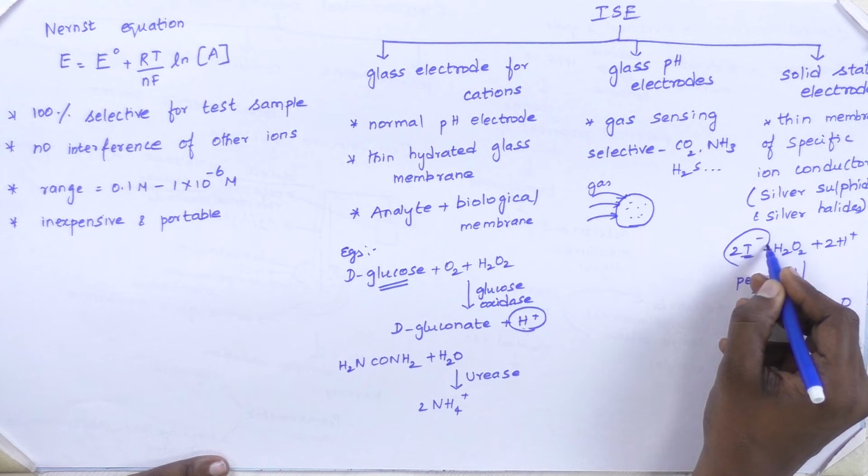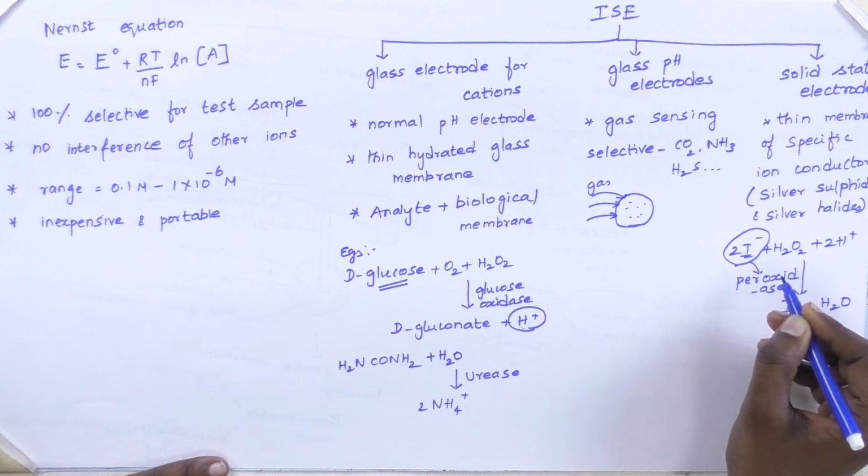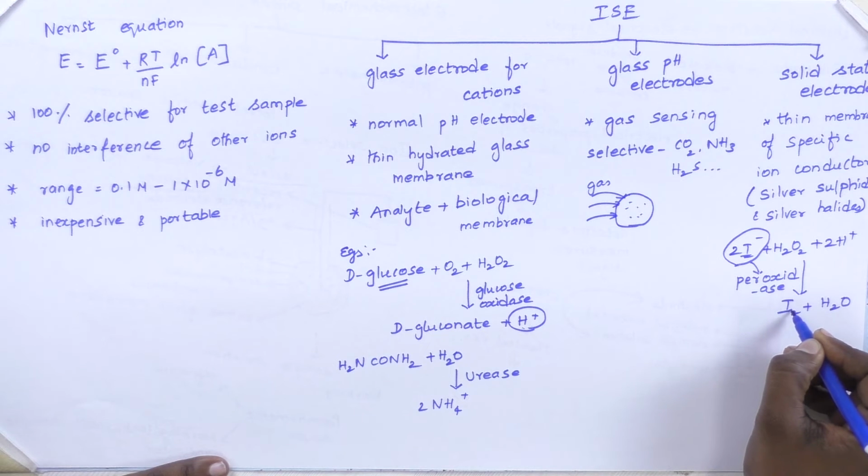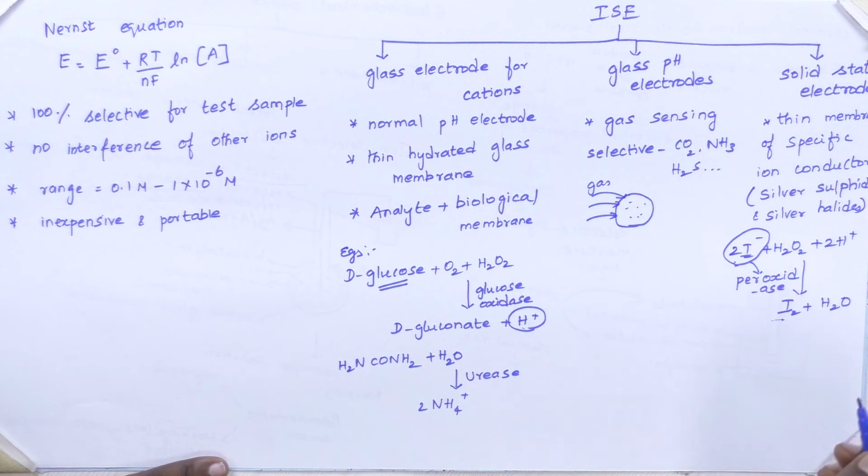These iodide ions react selectively with peroxidase enzyme and convert into iodine. The amount of iodine produced is directly proportional to the concentration of iodide ion. This reaction is favorable only when the solution contains iodide ion.